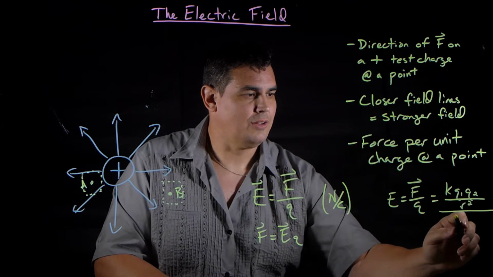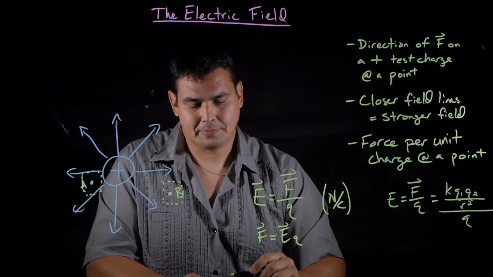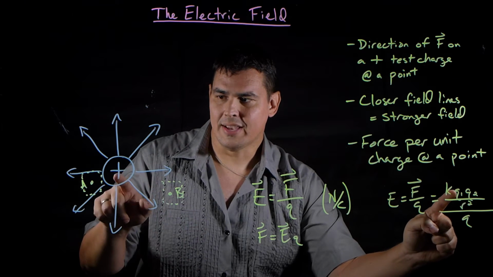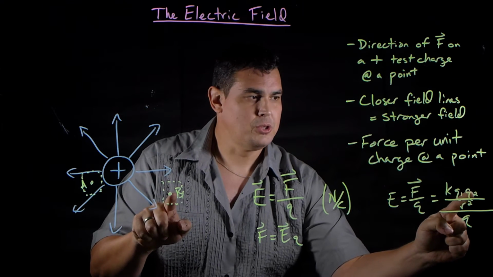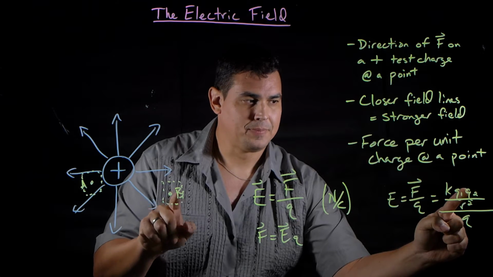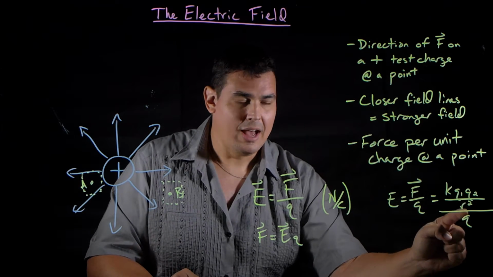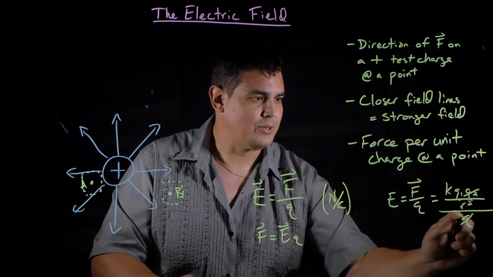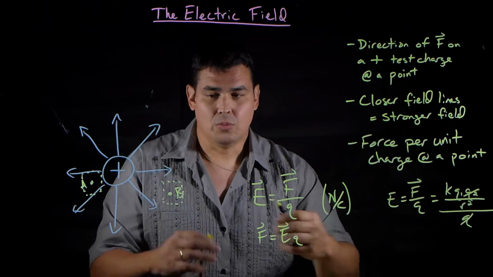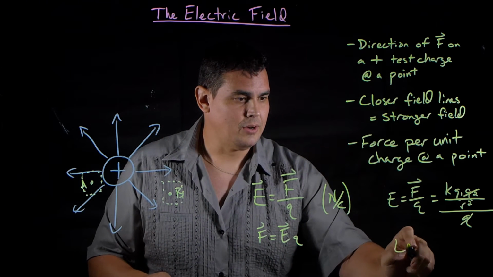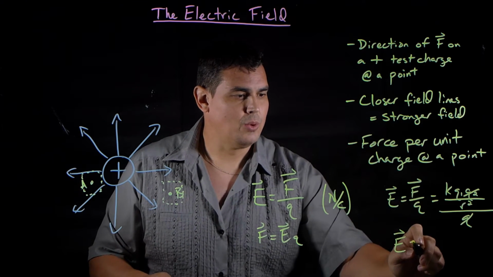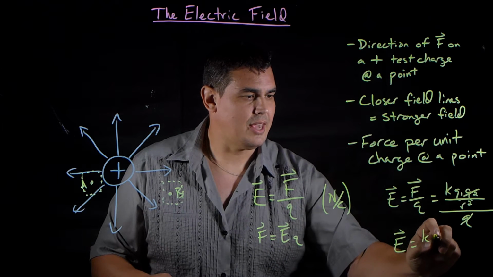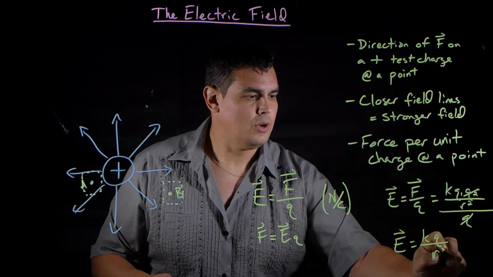So all of that over Q. So if K, Q1, let's say, is the charge making the field, and Q2 is the charge that I'm going to stick in the field, well, down here, I divide by that same charge that I'm going to stick in the field. So this cancels out. So to get the value of the electric field anywhere, if I want to know what the field is, cancel my Q, it's just K times Q over R squared.